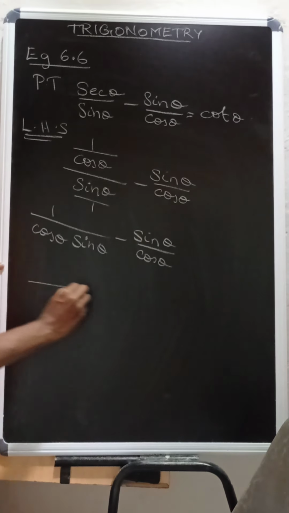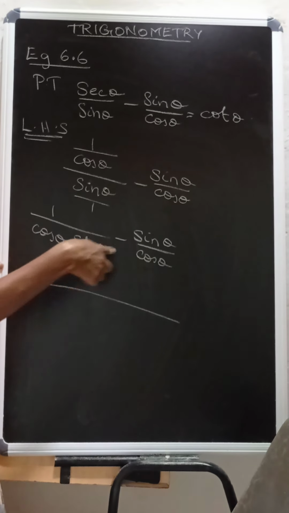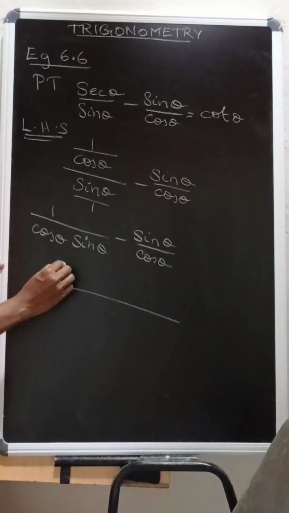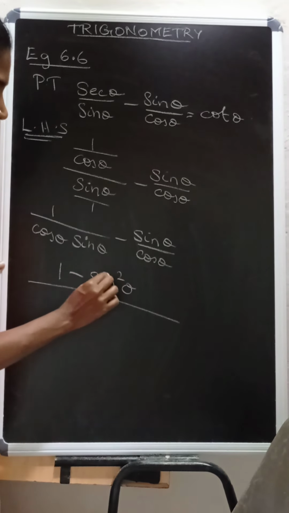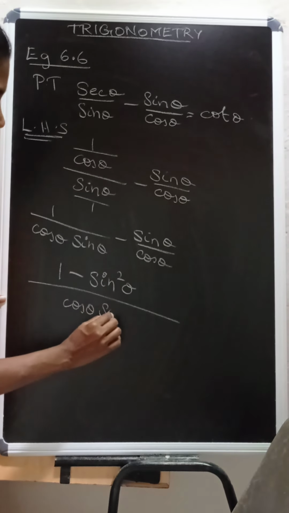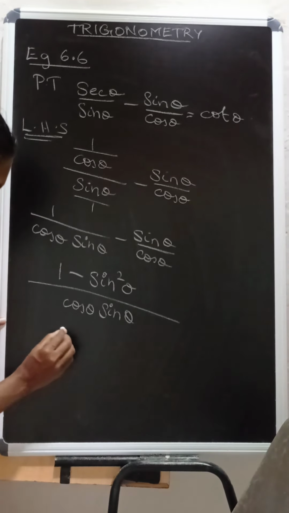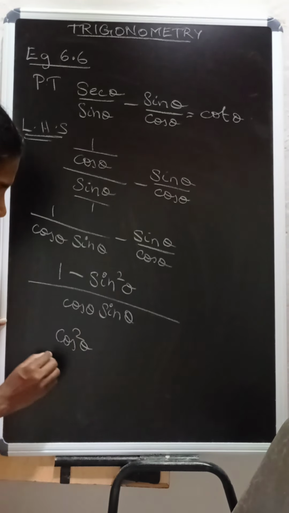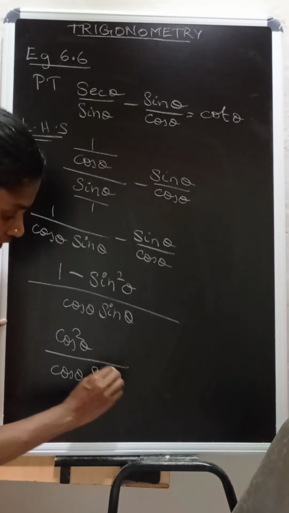Now take LCM. You have cos theta here, sin theta here, but no sin theta here. So you will multiply this by sin theta. So you will get 1 minus sin square theta by cos theta sin theta. Now 1 minus sin square theta is cos square theta by cos theta into sin theta.